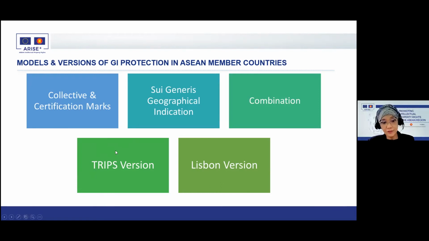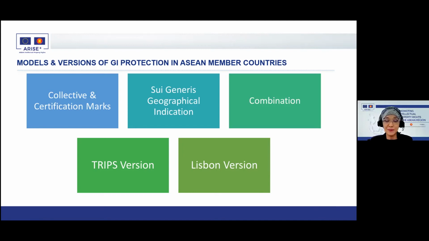All ASEAN countries have been members of TRIPS, so we actually are influenced by the TRIPS version. But 2 of the ASEAN countries have ratified the Lisbon system, so we have to draft our specification documents in compliance with Lisbon version 2. And Lisbon has strong details about the specification, especially how to establish the link between the product and the geographical origin and the controlling system.